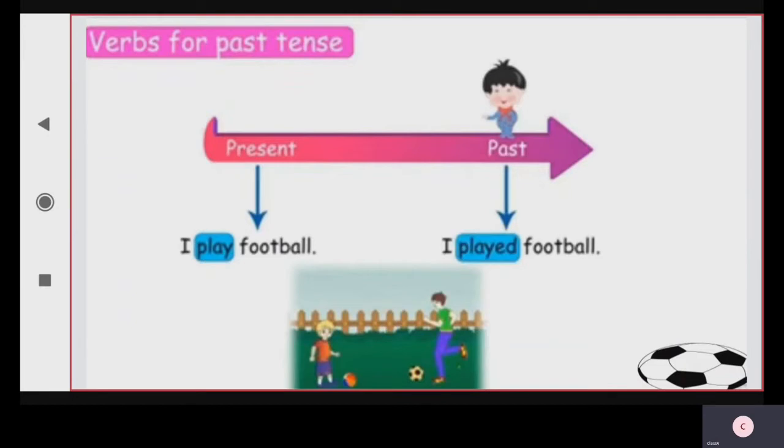I play football. The word play is a verb and it is in present tense. I played football. The word played is a verb which is in past tense. So we have different forms of a verb for present and past.